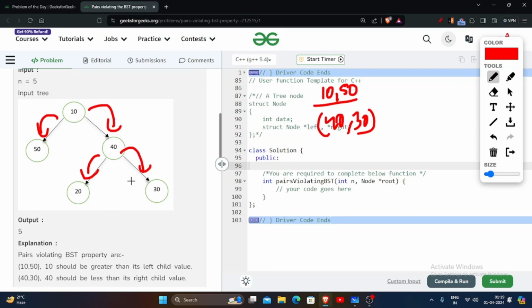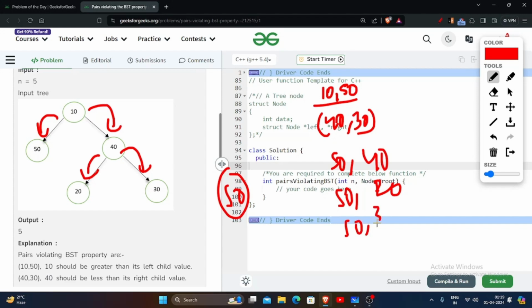I think you are getting that 50 has to be in the right half of the subtree because 50 is here, and we can see it is violating with 10, but eventually it is violating with 40 also, 50 is violating with 20 also, and 50 is violating with 30 also.